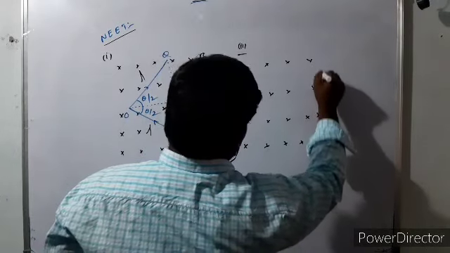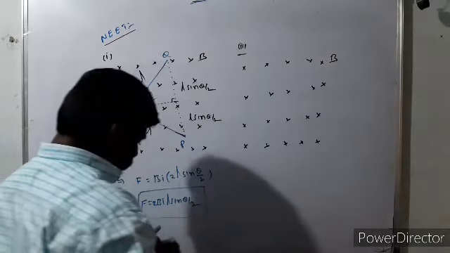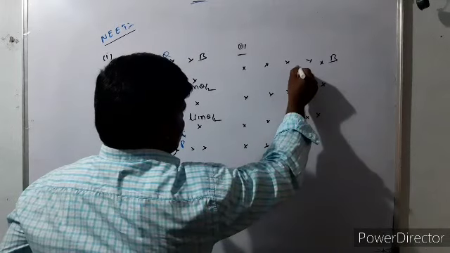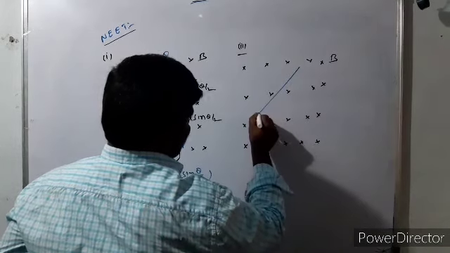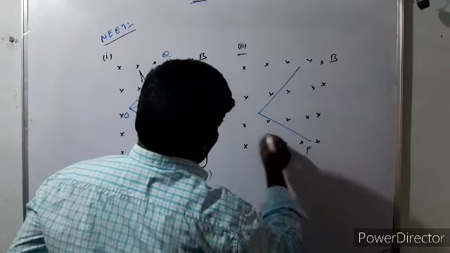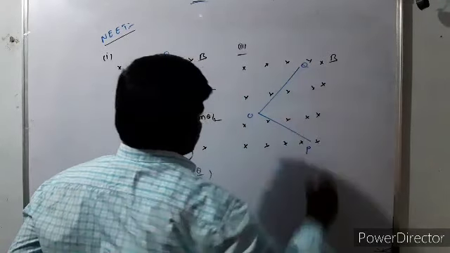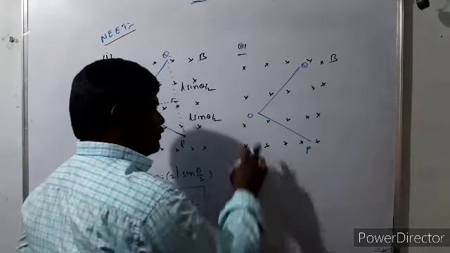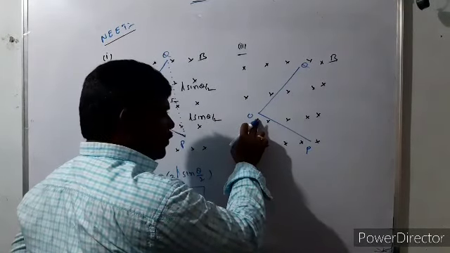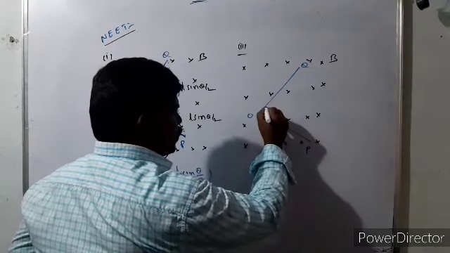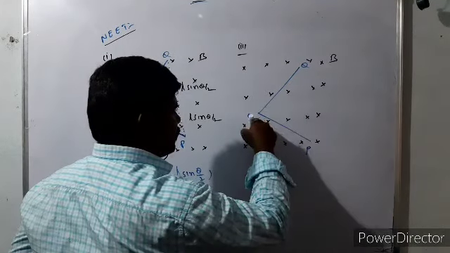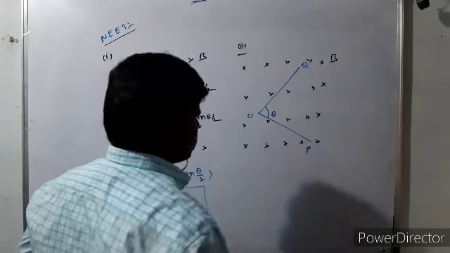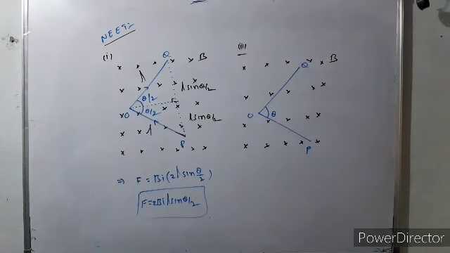The strength of the magnetic field is capital B. A wire of length L is bent at its midpoint into two equal parts. The two equal parts are making an angle theta with each other.